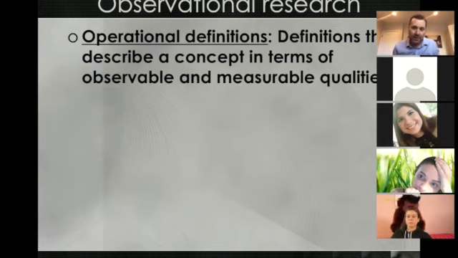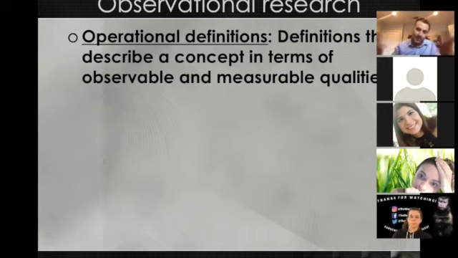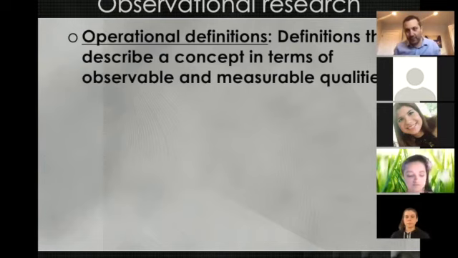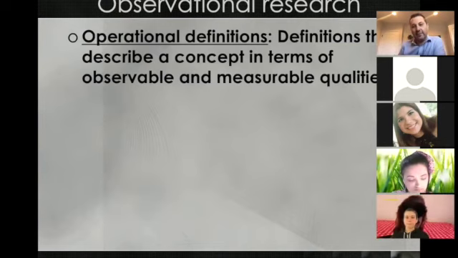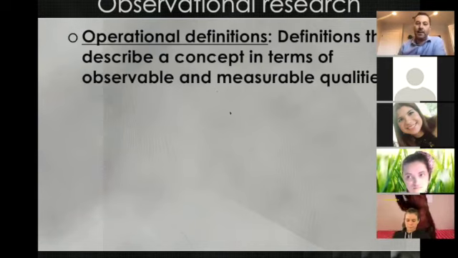So what an operational definition does is it takes some ambiguous behavior, some fuzzy behavior like aggression, and it defines it in terms of observable, concrete, measurable qualities. When we look at aggression towards the end of the semester, we're going to see what the operational definition is that social psychologists often use to measure aggression. So we're going to come back to that later on.